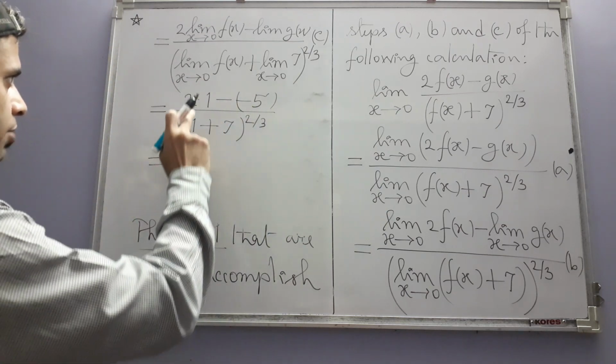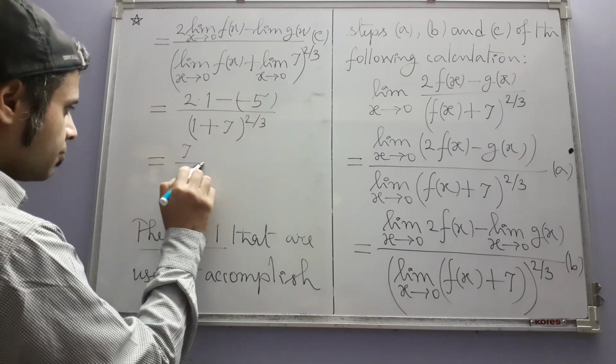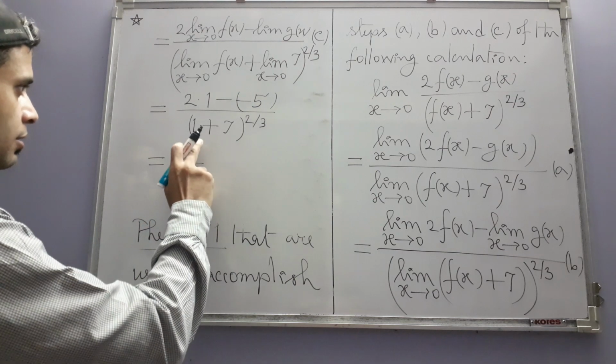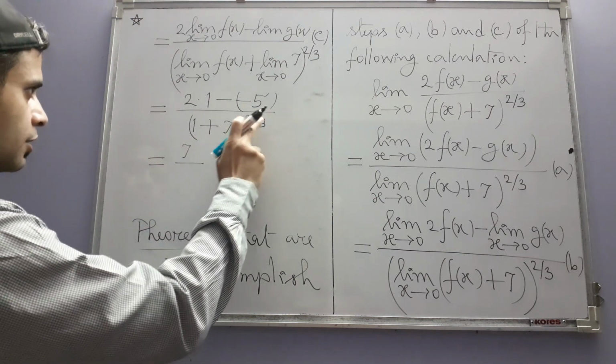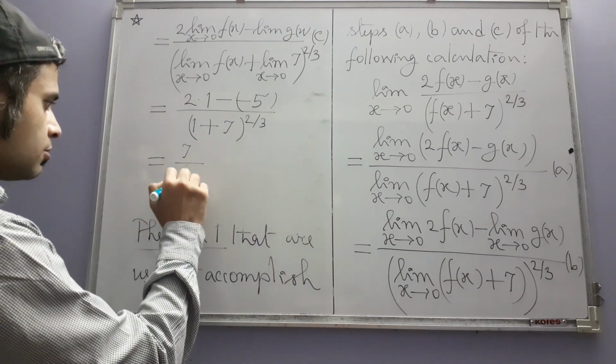So this becomes what? In the numerator we have 2 plus 5, that is 7, and in the denominator this is 8. Cube root of 8 is 2 and square of that 2 is 4.